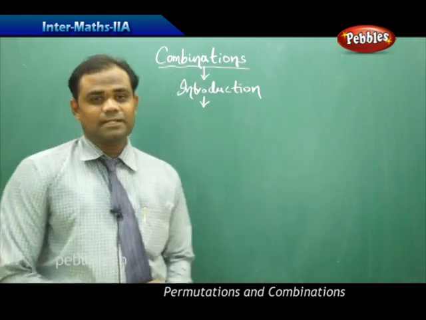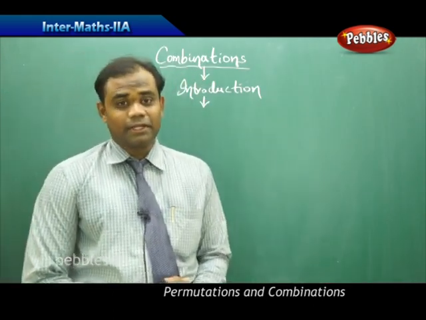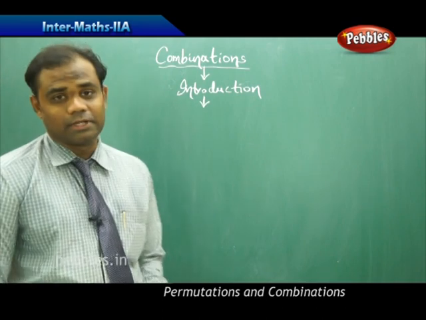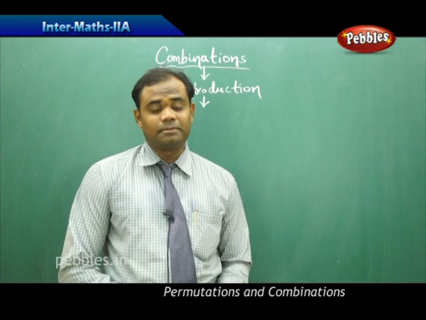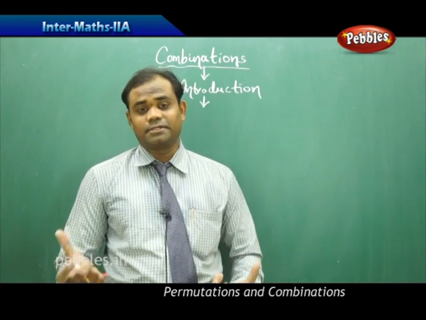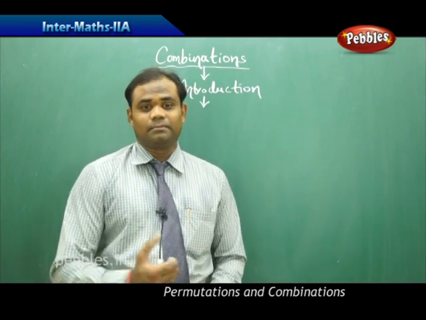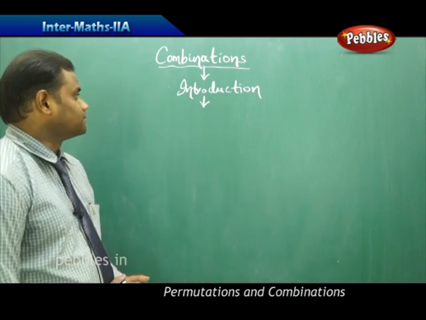Now that we have discussed about permutations, the next concept which comes is combinations. As in the previous sessions, we have already differentiated between the understanding of permutations and combinations. Let's recap with the similar session.